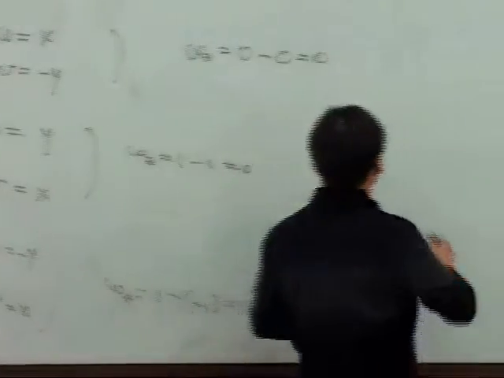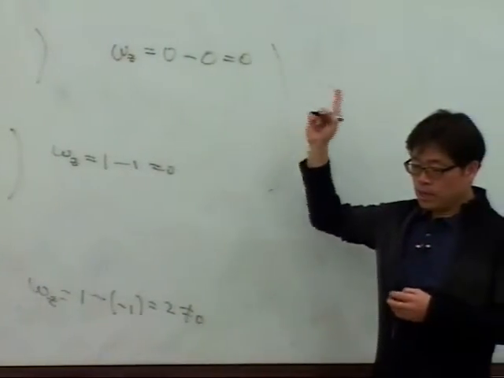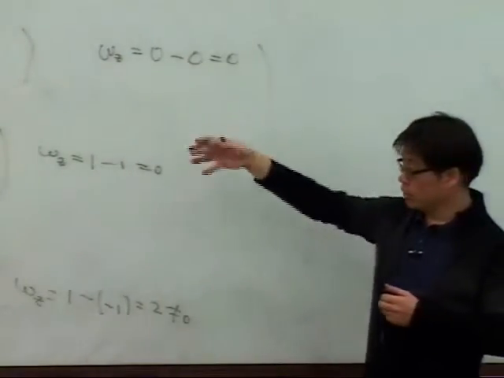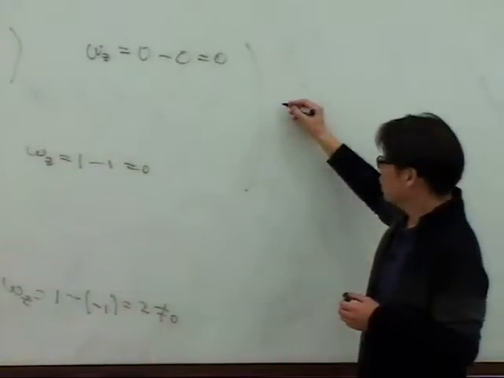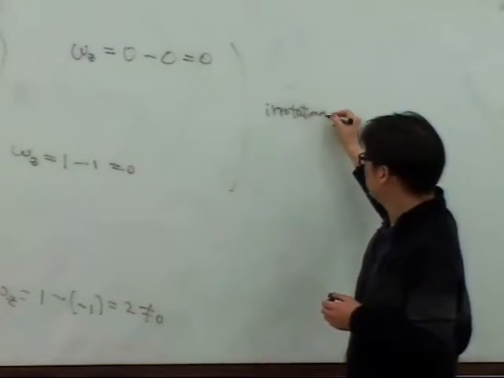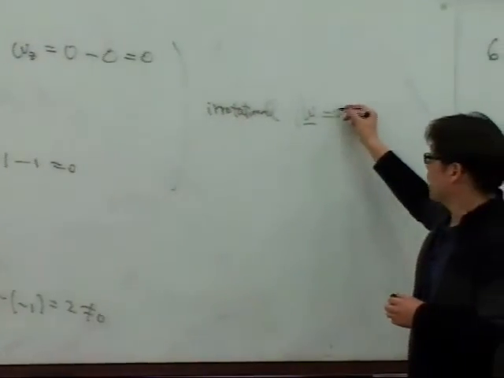So if your flow field has 0 vorticity, then we call these flow fields irrotational, meaning that vorticity is identically 0.